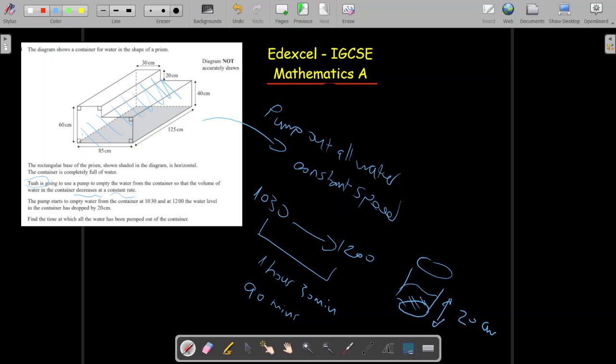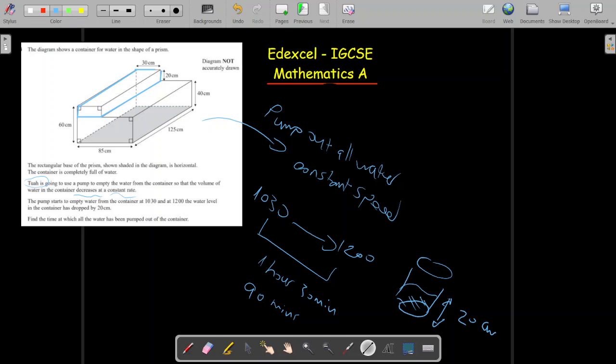And the height, or the level of water, decreased by 20 centimeter. What does 20 centimeter mean? Look at the shape in front of you. If the height dropped by 20 centimeter, it means the water that left the prism exists in this volume only.